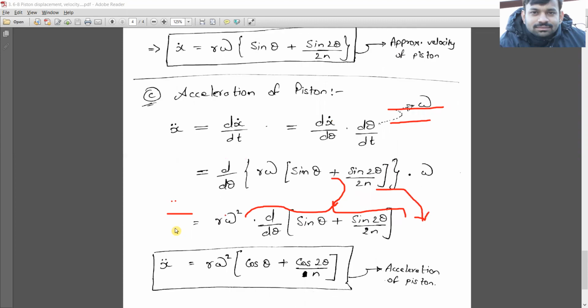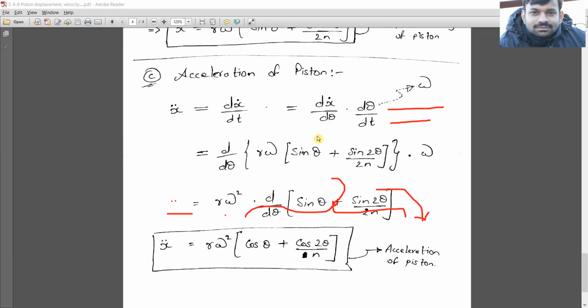So once you simplify this equation, you will get r omega multiplied by omega, which gives r omega square, into d by d theta of sin theta plus sin 2 theta by 2n, that is the thing inside the bracket. Okay. So once you differentiate it, you will get cos theta plus cos 2 theta by n.